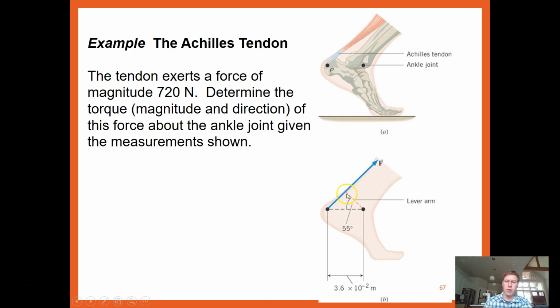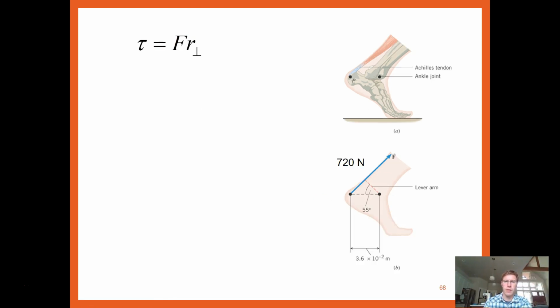So therefore the lever arm distance, if we were to make a little right triangle here, is 55 degrees away from the measured 3.6 times 10 to the negative 2nd meters. With that information, I want you to tell me the magnitude and direction of the torque acting on the ankle joint. So torque is force times lever arm, right? So first you need to find the lever arm distance, which I'm going to call lambda here, or you could call it L or whatever you want to call it.